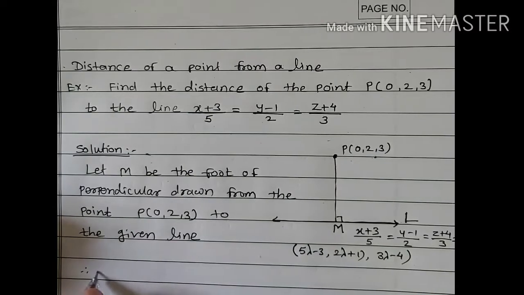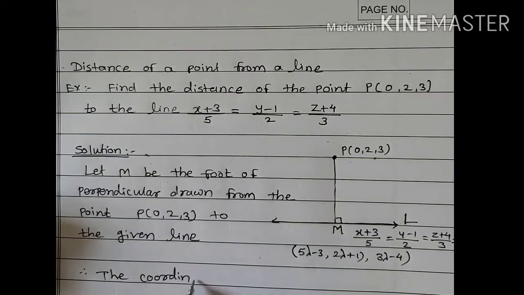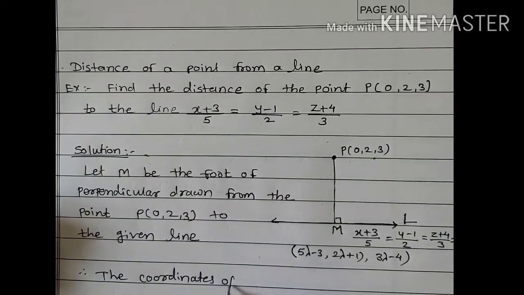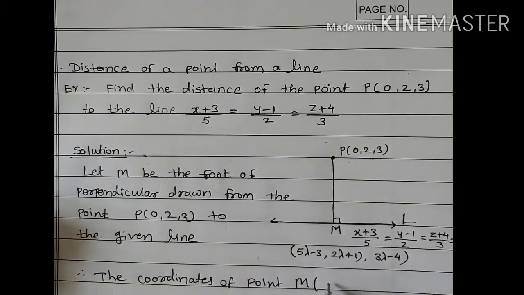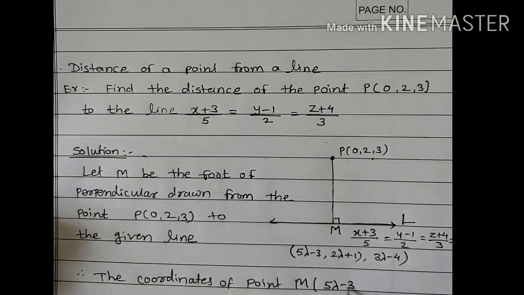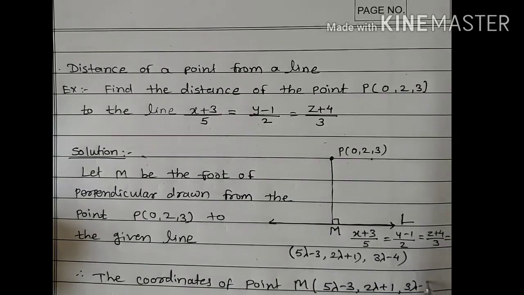Therefore, the coordinates of point M are obtained here already. 5 times lambda minus 3, 2 times lambda plus 1, 3 times lambda minus 4.